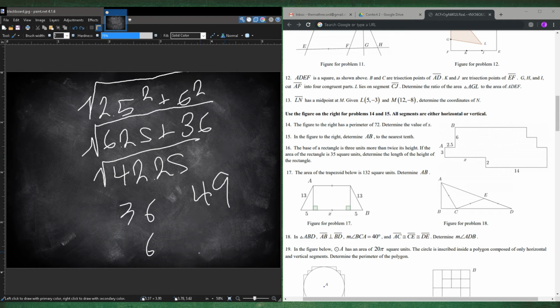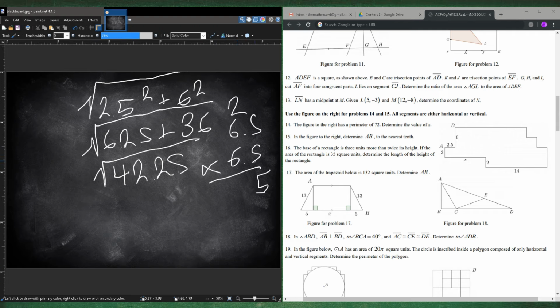So right now I choose 6.5. 6.5 squared is, let's multiply that out. 6.5 times 6.5, that's 25, 2. And that's 30, and that's 32. And then put a 0, that's 30. Put a 3.